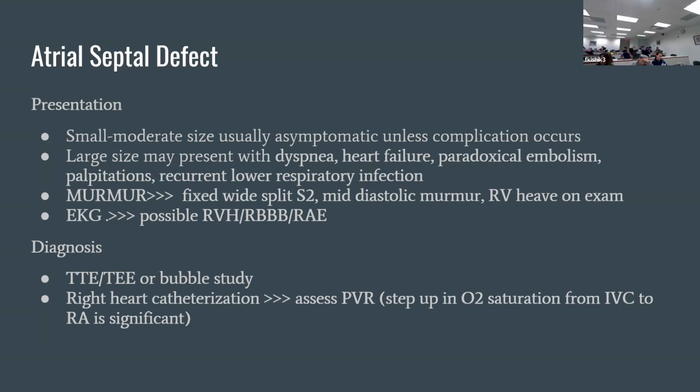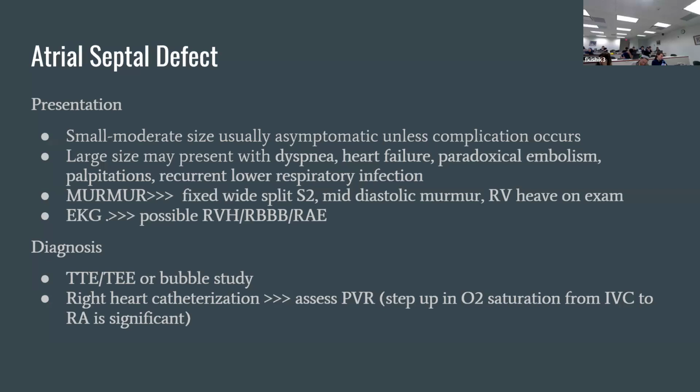Large size may present with dyspnea, heart failure, paradoxical embolisms, palpitations, recurrent lower respiratory infection. And paradoxical embolism is what we talked about, similar to a cryptogenic stroke, where something from the venous side switches over to the arterial side and causes a stroke.